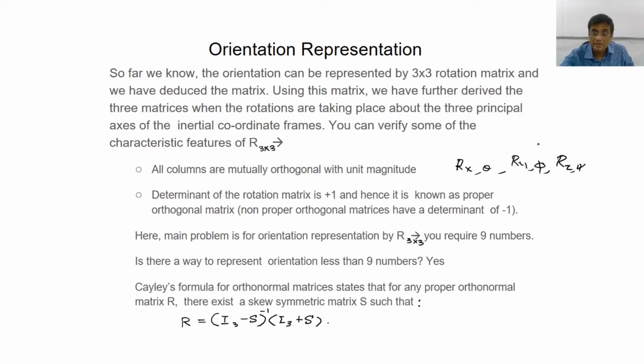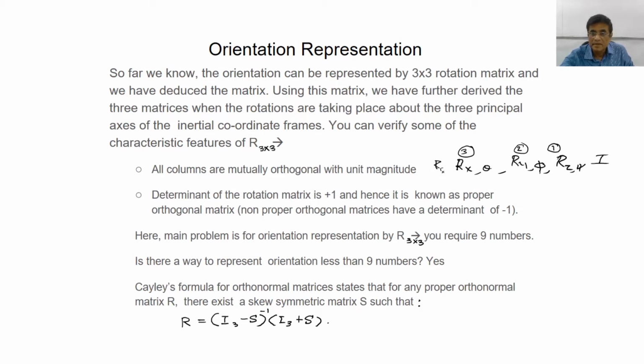Say if somebody has rotated first with respect to this and then with respect to this, then this is the third operation. If the rotations are all about the principal axes of the inertial coordinate frame, then the matrix has to be multiplied like this, multiplied by this, multiplied by this, and you will get a resultant matrix.